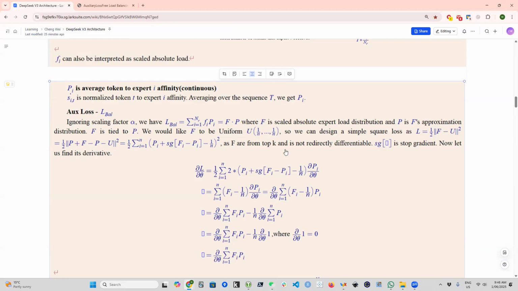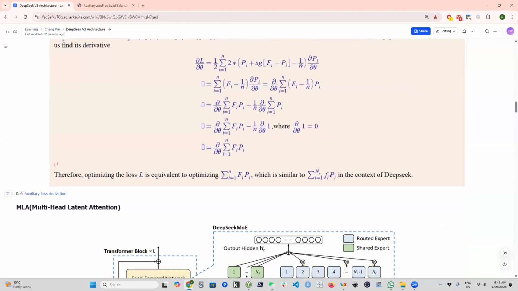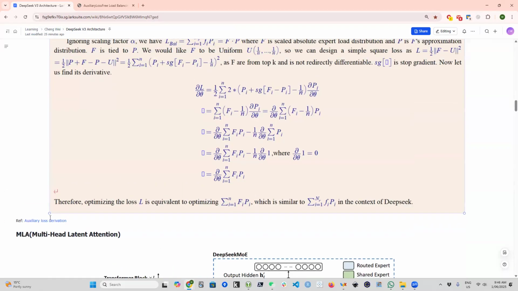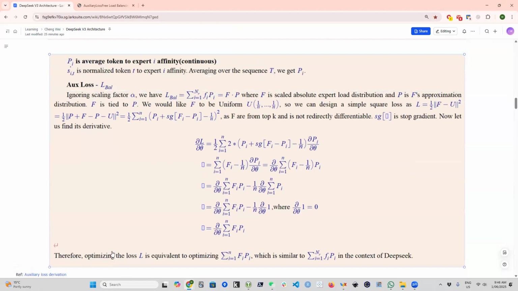Yeah. Then this derivation is from this link. As I mentioned before, this link is in Chinese, so if you want more explanation, you can come here and use something like Google Translate to get the English version. So this means stop gradient.